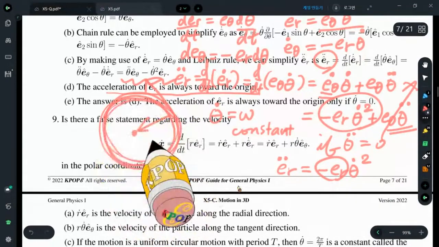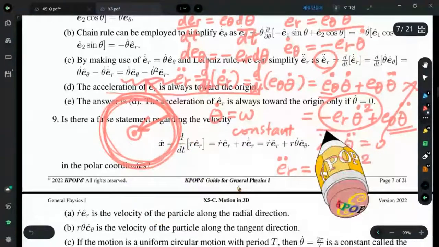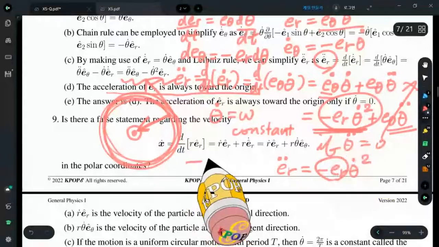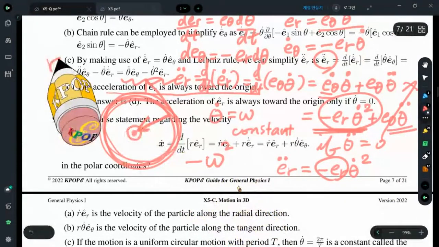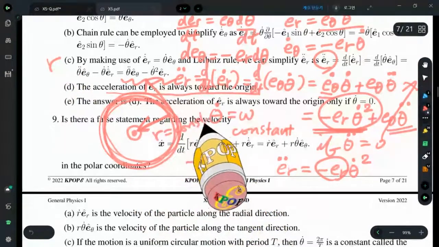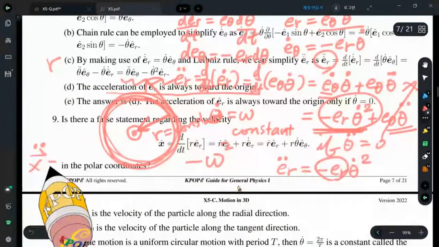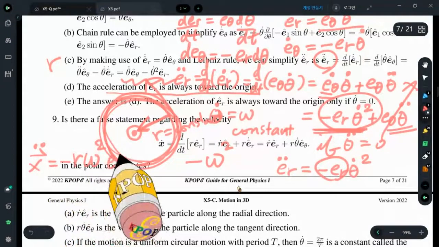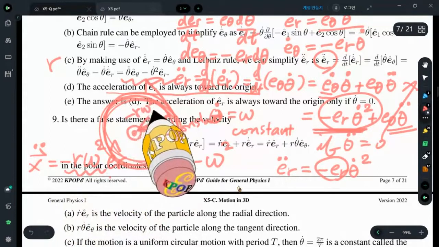Any uniform circular motion has acceleration toward the origin, and that is minus omega squared. If I multiply by the radius, r is a constant, then x double dot equals minus r omega squared e_r hat.